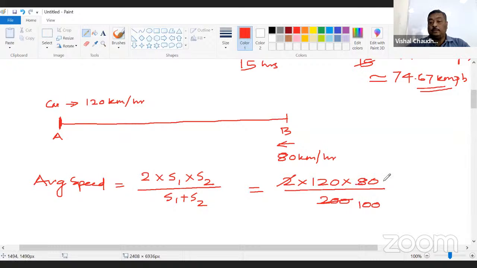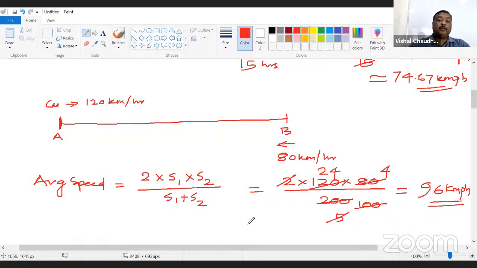So 20 into 4 times, 5 into 24 times. So 24 into 4 is 96 kilometers per hour.